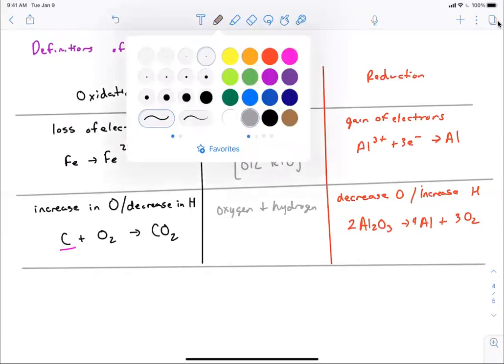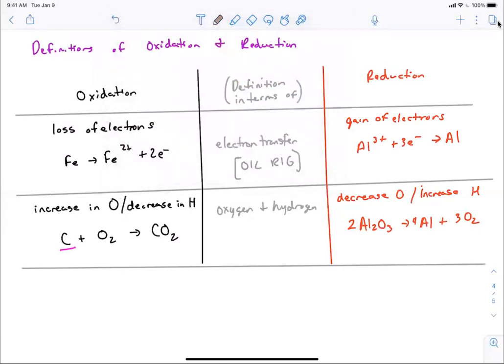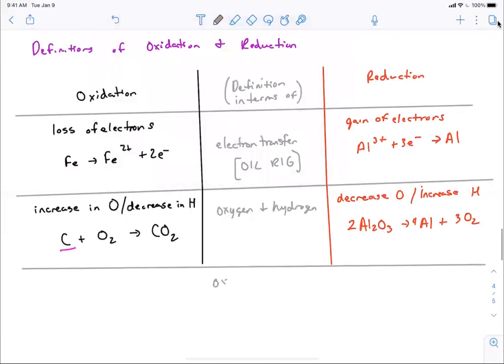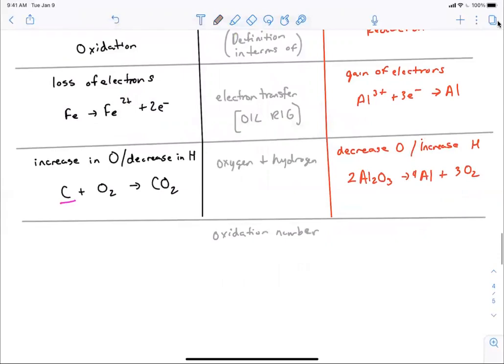The last definition, which is the all-encompassing definition, the most correct definition that always works, is in terms of oxidation number. So for this, you have an increase in oxidation number.